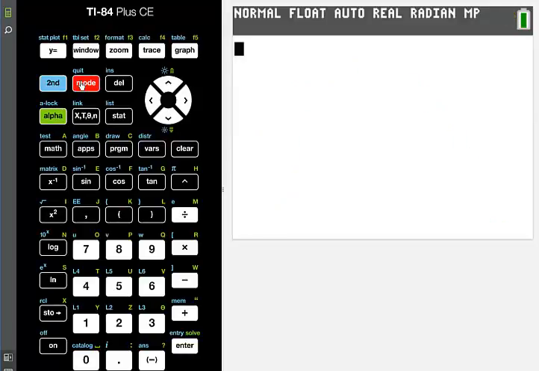And then I type the answers in essentially just like they're written. 20 plus, open up a square root. Inside the square root comes that division problem. 16 divided by 0.0175. Depending on your calculator, you may need some parentheses there. I'll arrow out of the square root, hit enter.